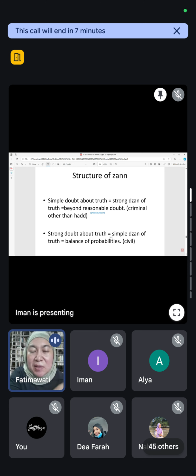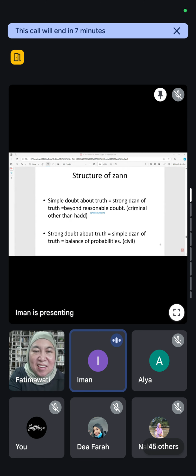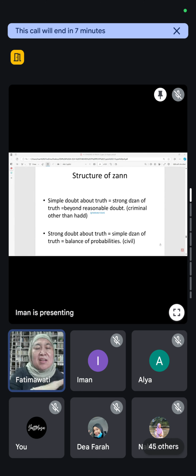Okay. So kalau civil cases, dia adalah on the balance of probabilities. Okay. You boleh tulis. Yeah, this is on my PDF. Oh, okay. So you can write that on the balance of probabilities. So ingat tau, dia dua je.